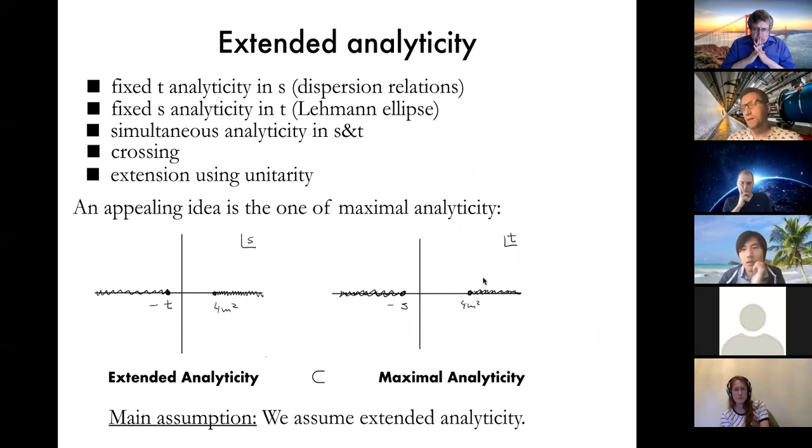So for my computations, I limit S to be, say, absolute value of S less than 20, and T less than 100. In this subregion, I assume that the picture of analyticity holds, but I do not assume that this analytic structure holds all the way to infinity. So it's maximal analyticity, but applied only to a subregion, and therefore you're being agnostic about the rest.